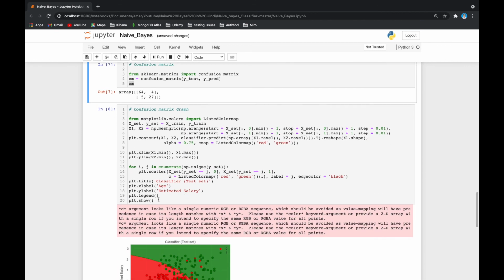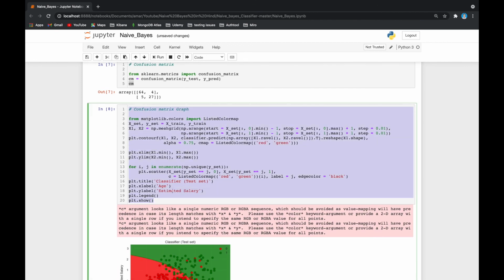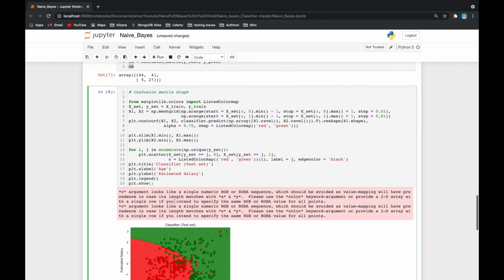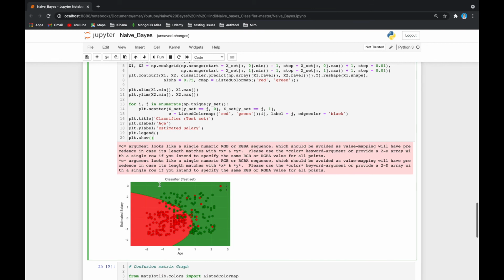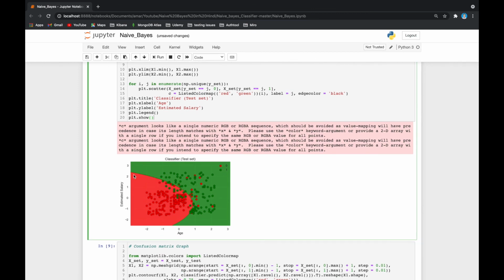Then you can use this code in order to visualize how your naive Bayes algorithm is working. Over here you can see it has created one boundary. The 0 means the user will not buy the product, so it belongs to this red part, and the green part belongs to the person who will buy the product.